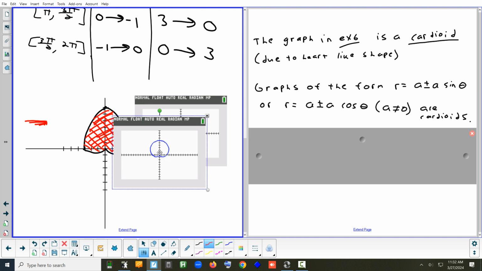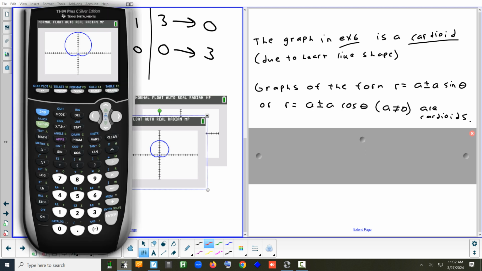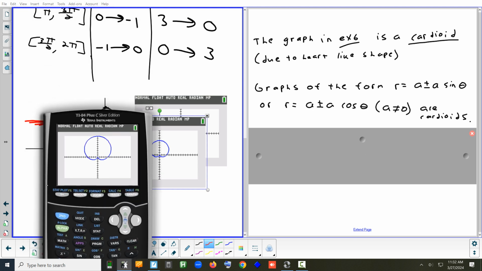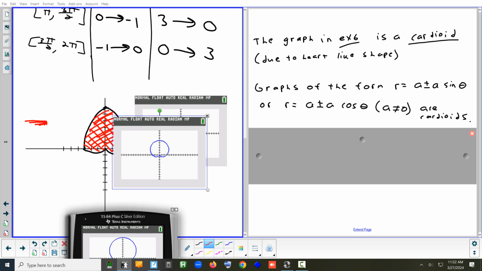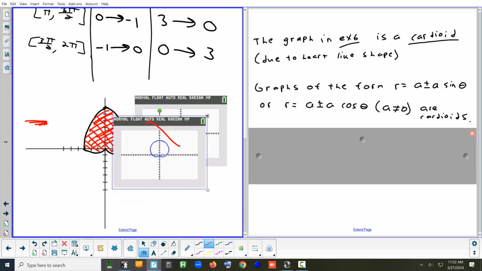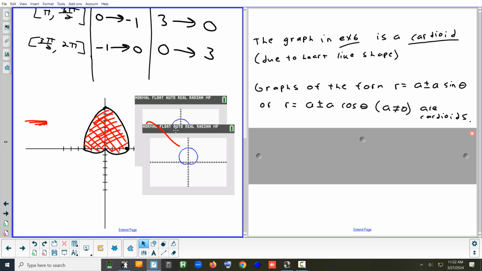And if you start to look at it, you might be able to figure out what these numbers are doing. Where do you see the 5 and where do you see the 3? Well, in the cardioid, if you look at the height, what did the height on our cardioid go to? If you look at the origin up to the top, 0 to 6.